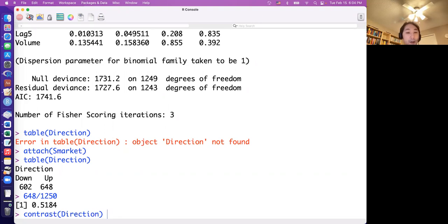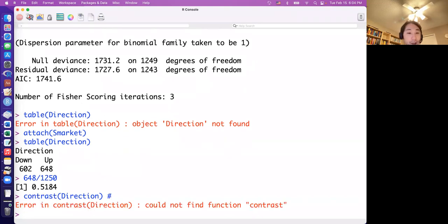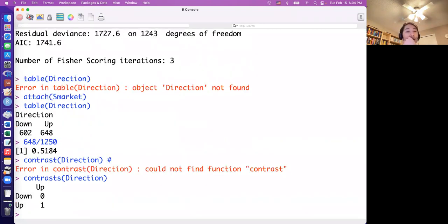And we want to see which is 1 and which is 0 in this logistic regression. Then we can type the contrast of direction. Contrasts 0, 1. So down is 0, up is 1.